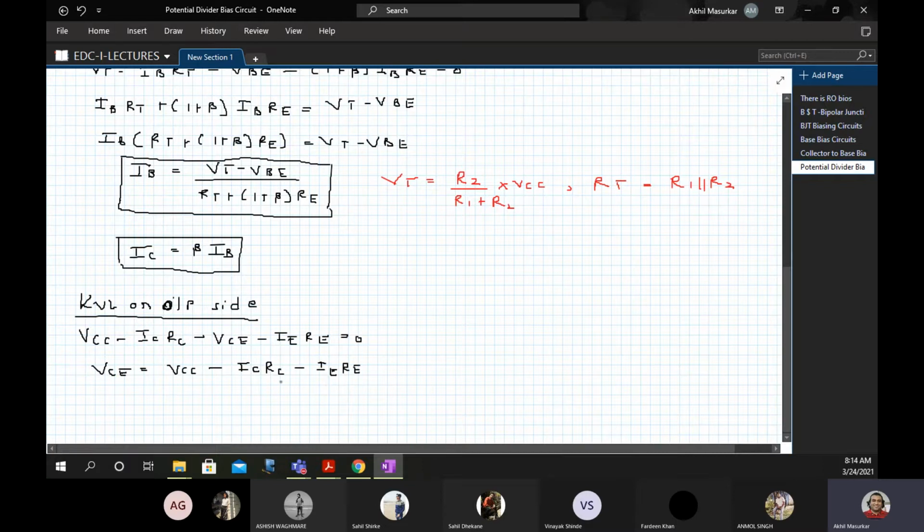So IE is nothing but IC plus IB, so I'm going to rewrite that: VCC minus IC RC minus (IC plus IB) into RE, and then all IC terms I will take together. So VCC minus IC into (RC plus RE) minus IB RE.